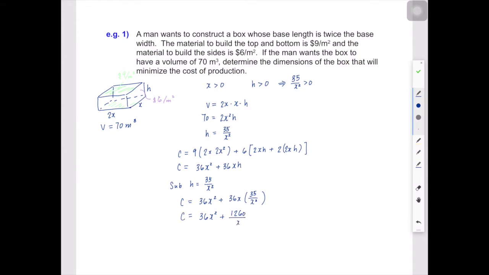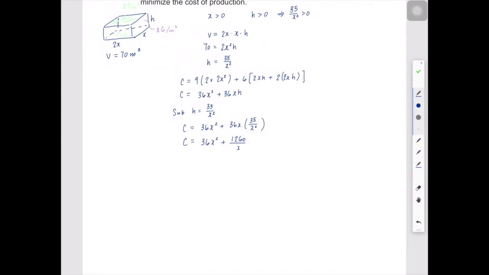That's the cost. Now we are ready to do the key step in optimization using differentiation. Let's look for the derivative of C with respect to x. 2x times 36 gives 72x. I have 1260 x to the power of negative 1, so this will give me negative 1260 over x squared.